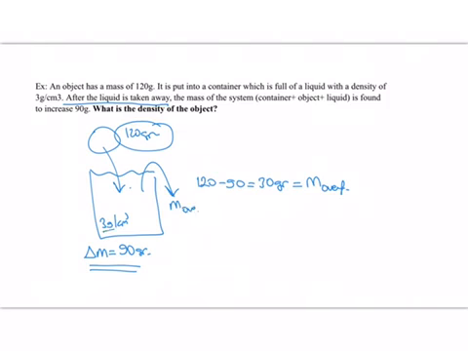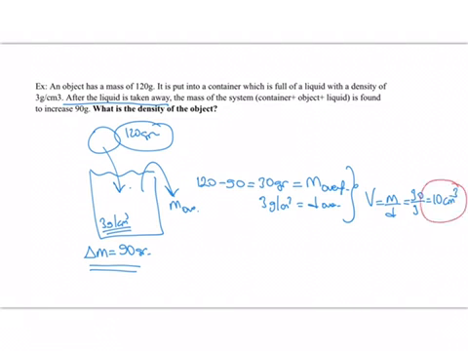I know the density of the overflown liquid, so I can find the volume of the overflown liquid from m over d, which is equal to 10 centimeter cube.